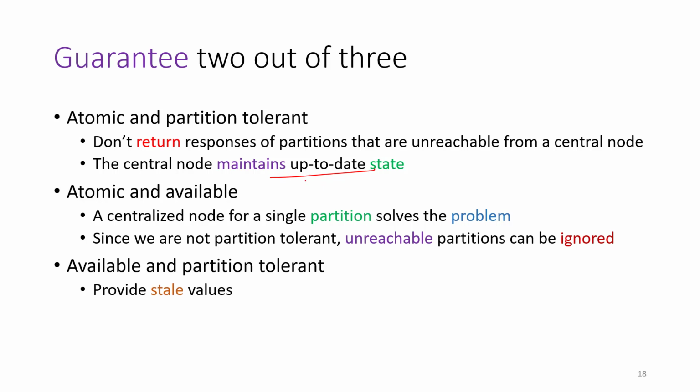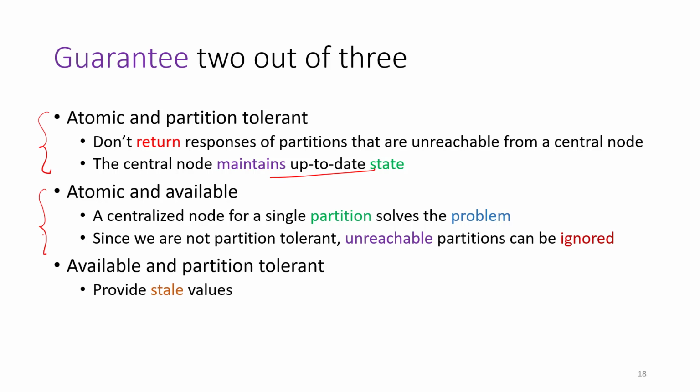If you cannot reach the central node from a partition, don't return anything. Given the fact that availability is not required, we are fine. If the option is there of not returning anything, then of course correctness will always be guaranteed, because we will never return something which is wrong.